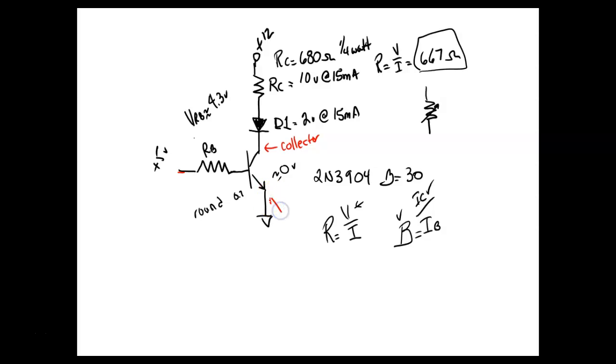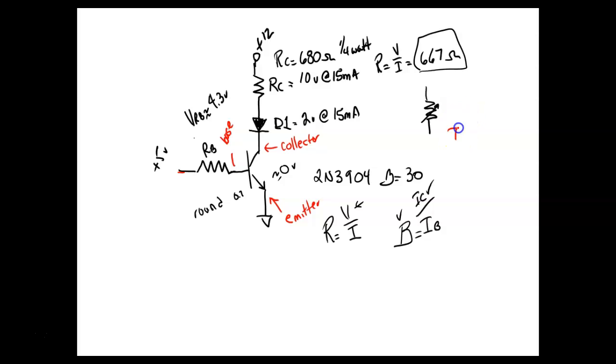This guy right here is the emitter, good. And then this guy right here is the base. The base is controlling the valve. Takes a bit, but we have a big gain over the base current versus the collector current.